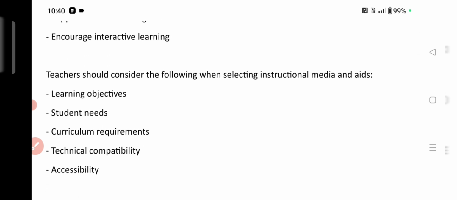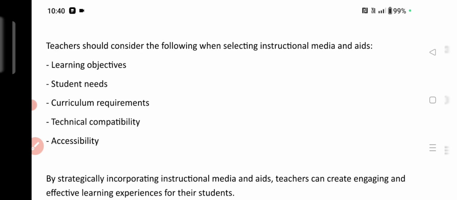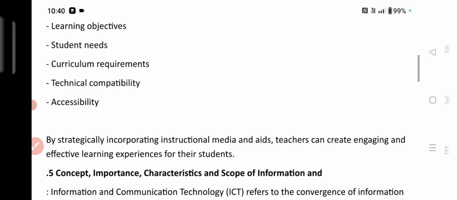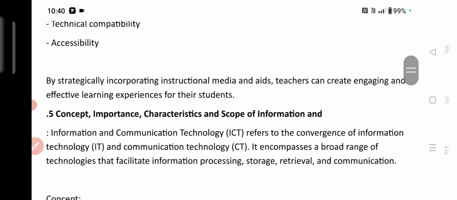Teachers should consider the following when selecting instructional media: learning objectives, that is, what we are going to teach the students; the student needs; curriculum requirements; and technical compatibility and accessibility. So by strategically incorporating instructional media and aids, teachers can create an engaging and effective learning experience for their students.